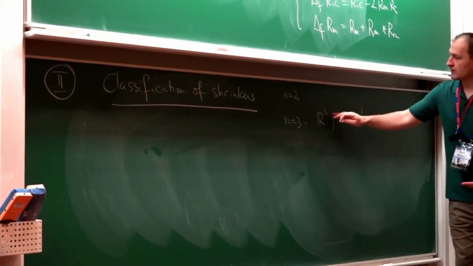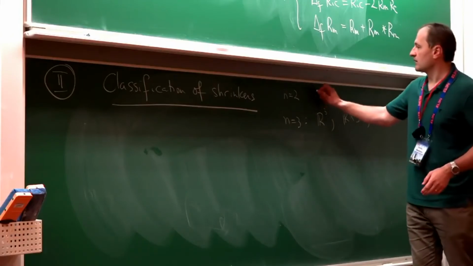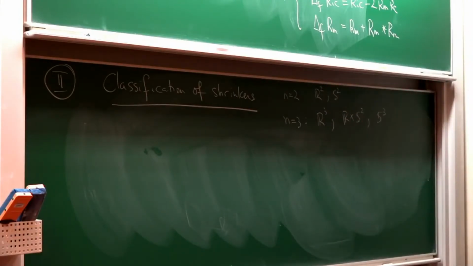So let's just say the universal covering must be one of these 3. In dimension 2, it's only the flat and the sphere. So this was the classification. In dimension 2, this is not too hard to see, because you can reduce the problem to an ODE, and then you solve it.